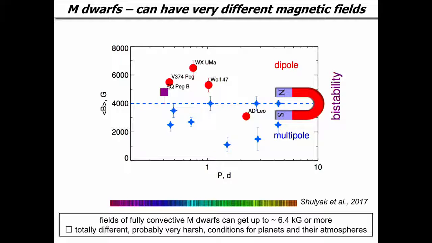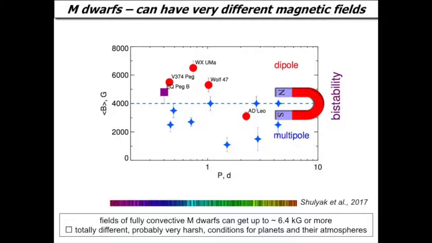M dwarfs can have very different configurations. When we're going to the very cool low mass M dwarfs, we can have magnetic fields up to 6.4 kilogauss, which is a lot more than for solar type stars, dipolar configurations, activity underneath. And these might of course also cause very harsh conditions for planets around them, for their atmospheres.